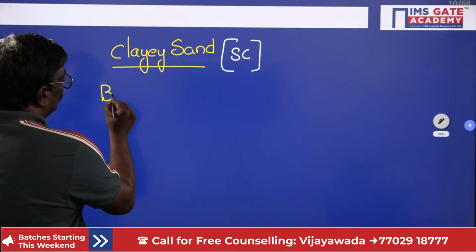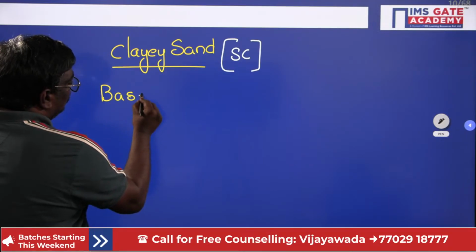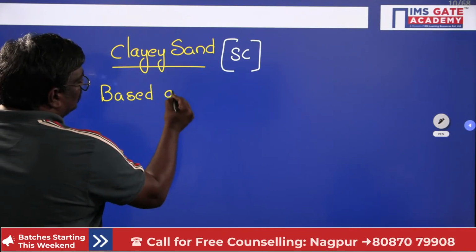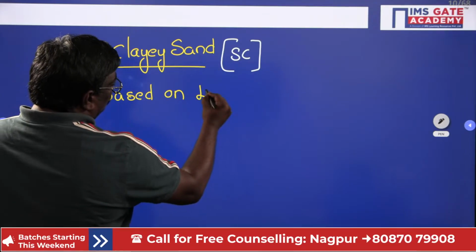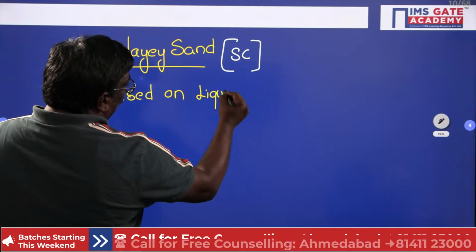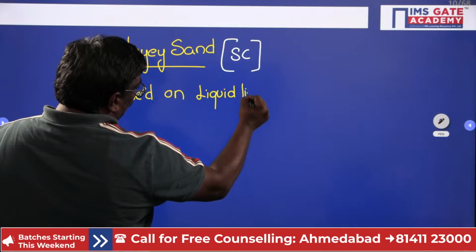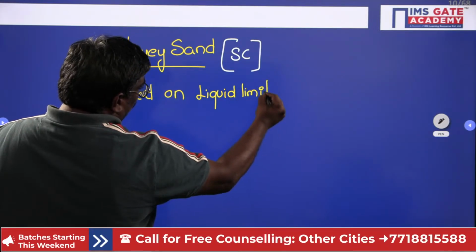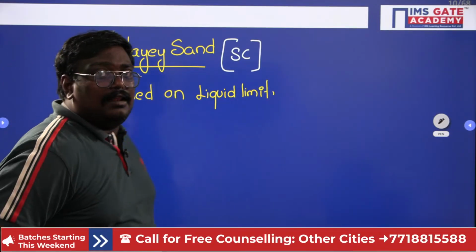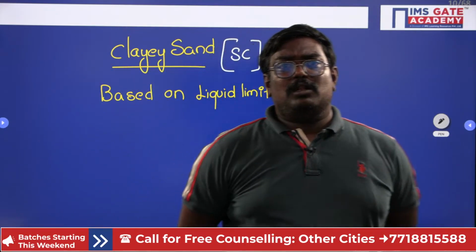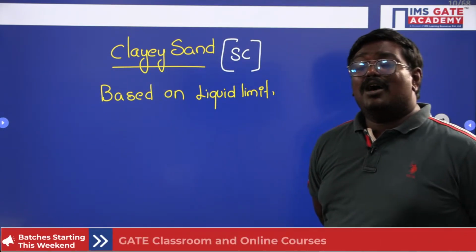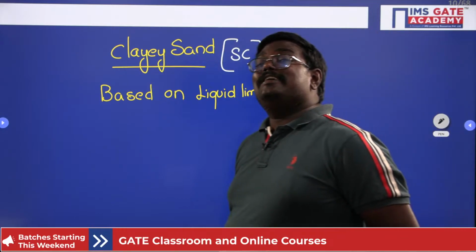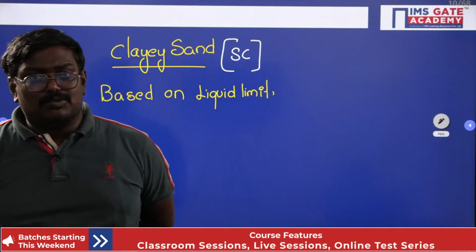Now see, students, based on the liquid limit, this is very important. Based on the liquid limit, we are going to tell whether it is low compressible, high compressible, or intermediate compressible. Are you getting, my dear students?